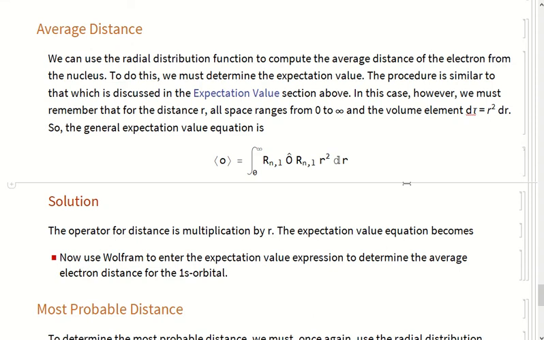I'm going to leave that up to you, and you would enter it into a particular cell or into Wolfram Alpha to do that calculation, where the operator is multiplication by r, to determine the average distance from the nucleus.